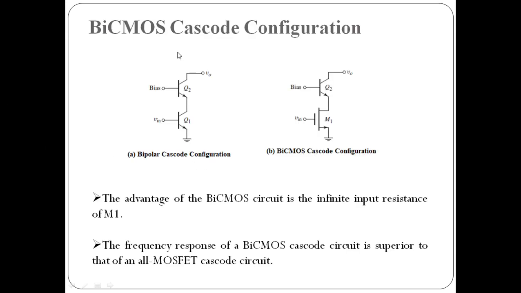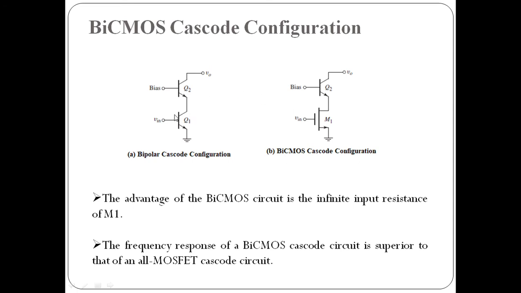Now let us look at the cascode configuration of a BiCMOS. A cascode is formed when one transistor is connected in series with another transistor. Here the diagram shows a bipolar cascode configuration. If the two transistors are replaced, one by a MOSFET and the other by a BJT, it is called a BiCMOS cascode configuration.